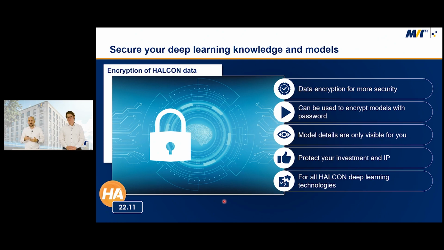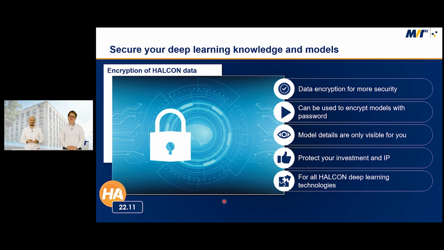And this is especially useful in one use case, which is deep learning. In deep learning, a lot of the IP which you have on your side is inside the model which you create. It's the images you use, the parameters you use. So you put a lot of investment into this deep learning model, and you want to make sure that only persons who you want to have access to it can read it, can use it.